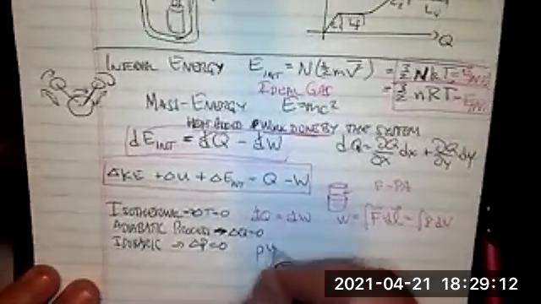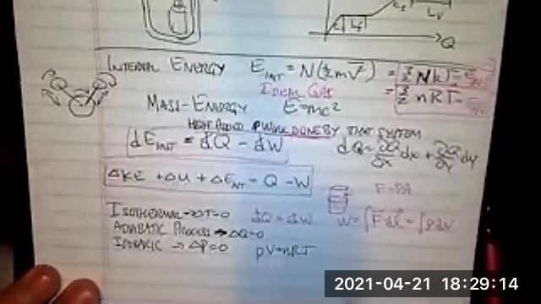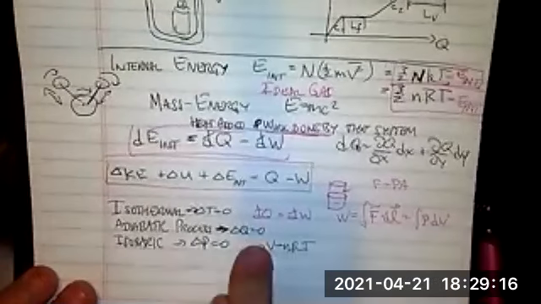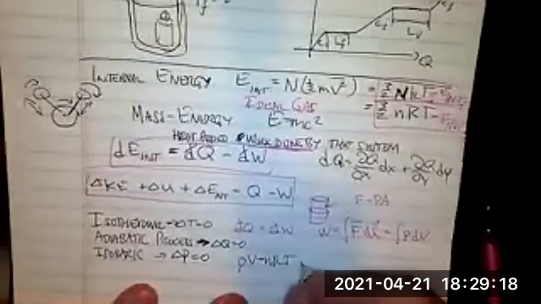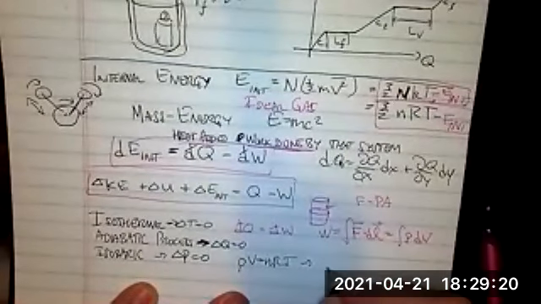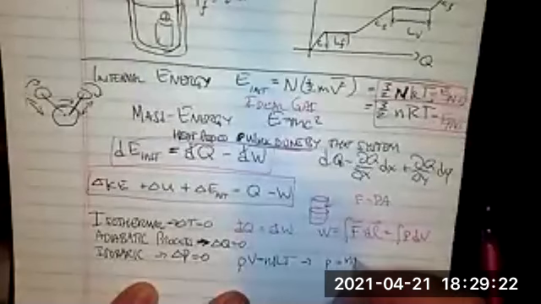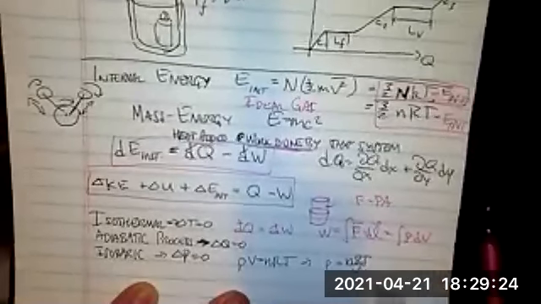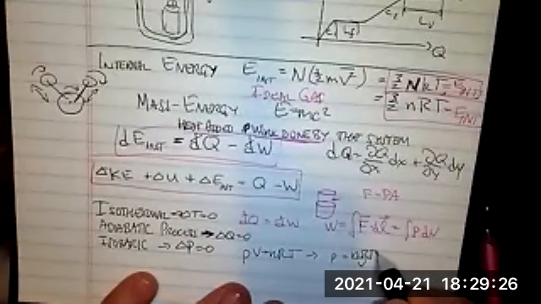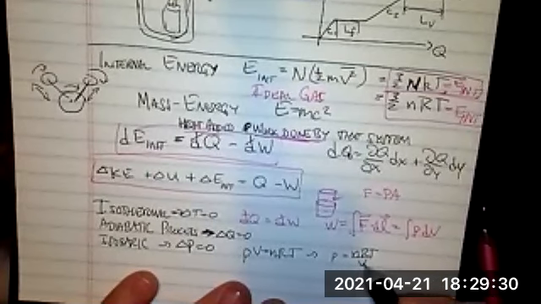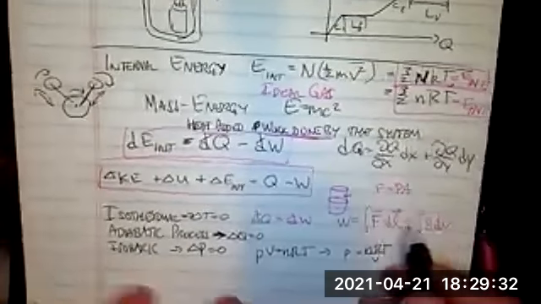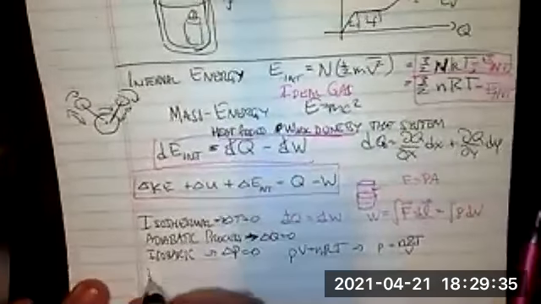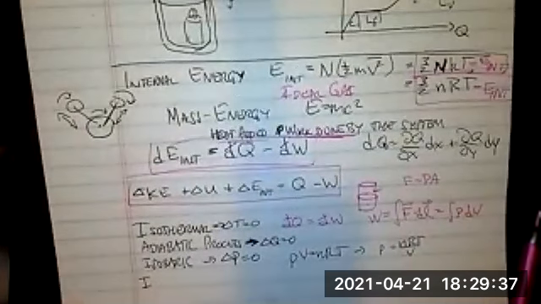So in PV equals nRT, you can see when P stays a constant, then if you solve for P, you get nRT over V. If the temperature goes up, say, then the volume is going to have to go up by an equal amount to maintain that constant pressure. So that's isobaric.